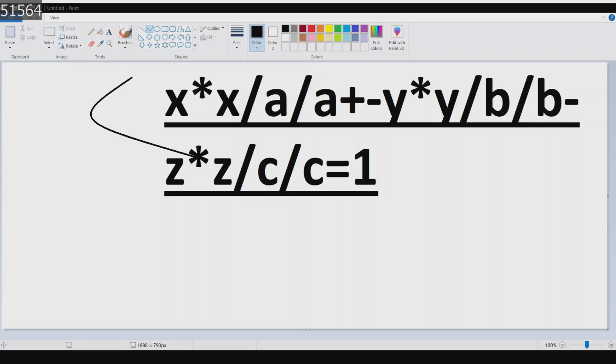But it is x squared over a squared plus y squared over b squared minus z squared over c squared equals 1 or -1 on Wikipedia. Let me see what else we can find.